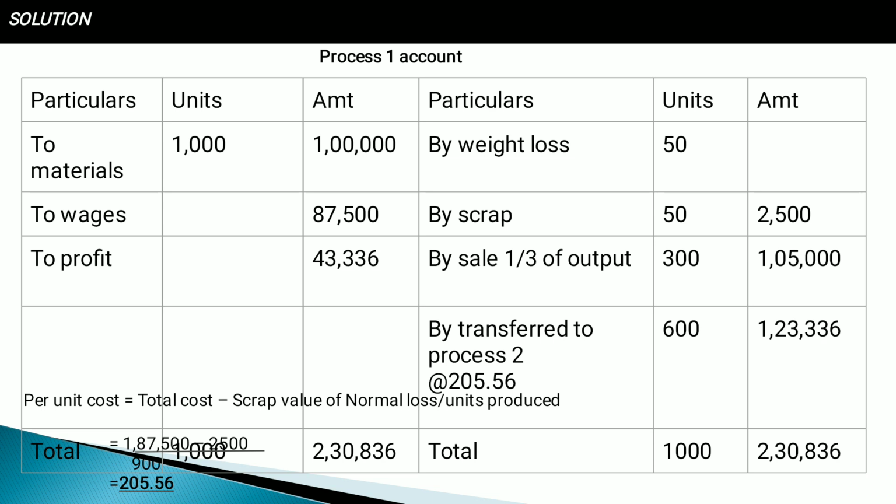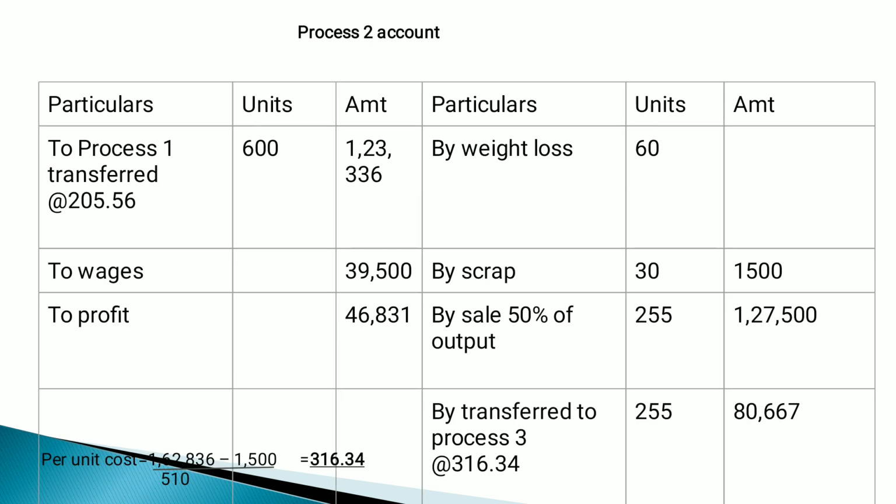So we will go to the next, process 2 account. Here, to process 1 transferred at the same rate 205 and the 600 units, 1,23,336. To wages 39,500. By weight loss 60 units and the scrap value 30 into 60, 1,500.